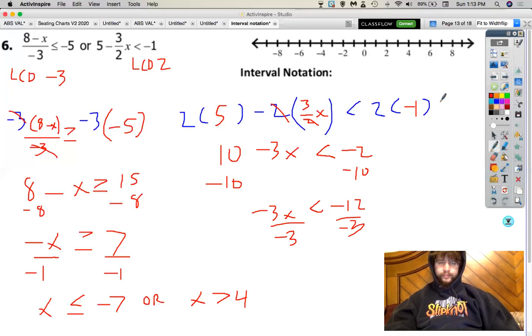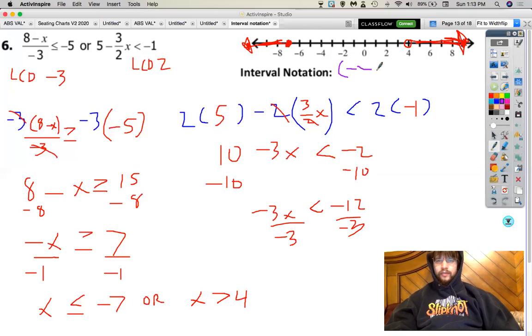Graph them. So less than, so that goes out to negative infinity. Here's negative 7 right here. It does include it because it's got the equality on it. So I'm going to do that. Greater than 4, 4 is over here, does not include it, goes out this way. In interval notation, I'll do it in purple so we don't get confused with all this mess.